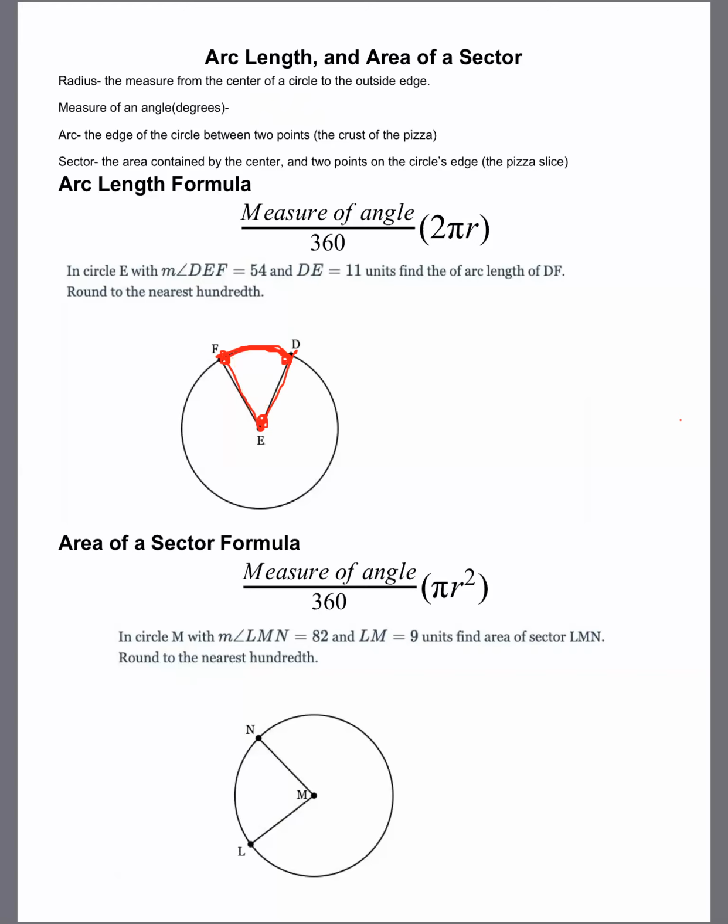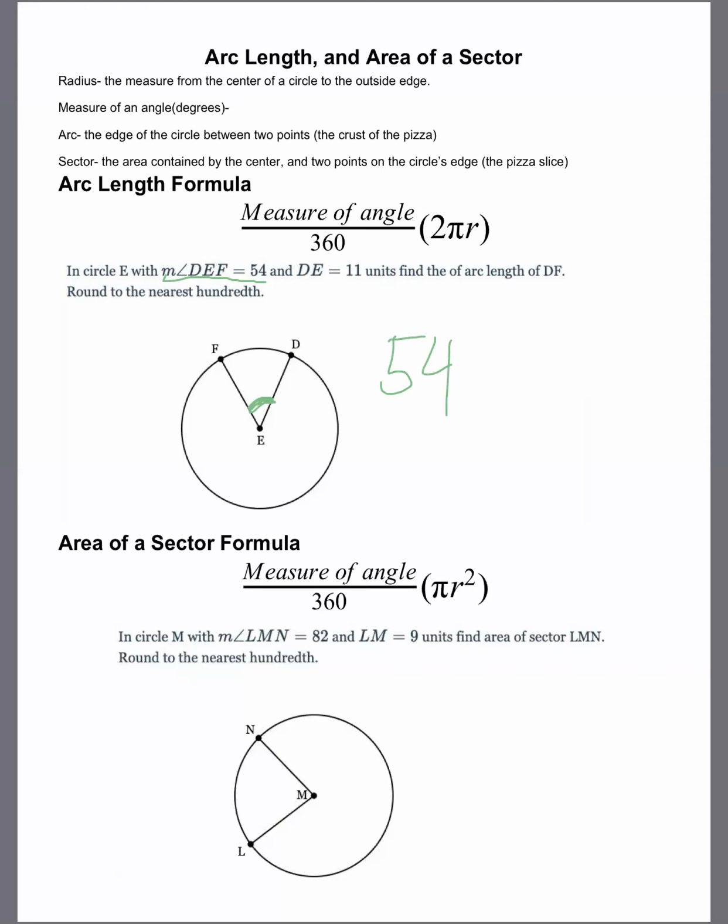I'll just go through the example again for arc length. The first thing it gave us was the measurement of the angle DEF, and they told us it was 54.